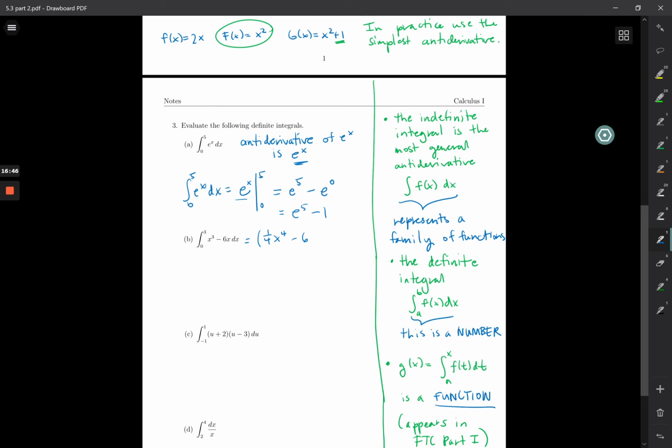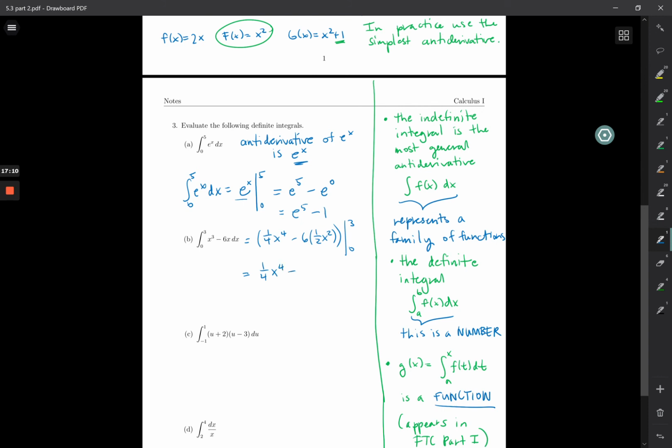That's a constant multiple. So we leave that there, and then the simplest antiderivative of x is 1/2 x squared. And then we write our bar, put our bounds on, and we'll use those in a second to evaluate.